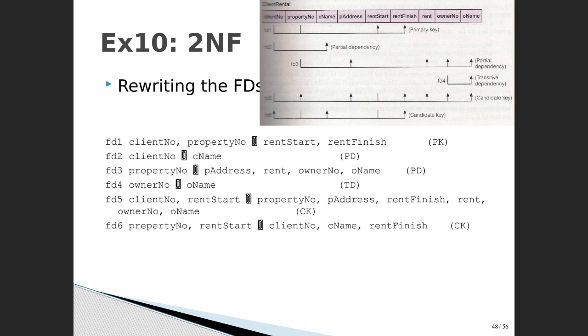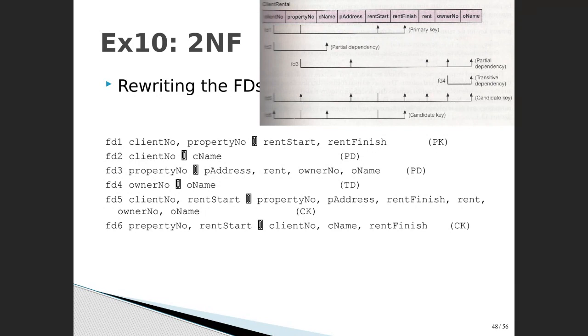As we discussed before, we rewrite the functional dependencies from the previous process. We have 6 functional dependencies, and they can be identified by understanding the relationships between attributes in this relation.